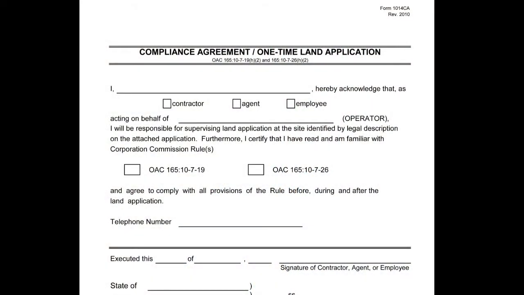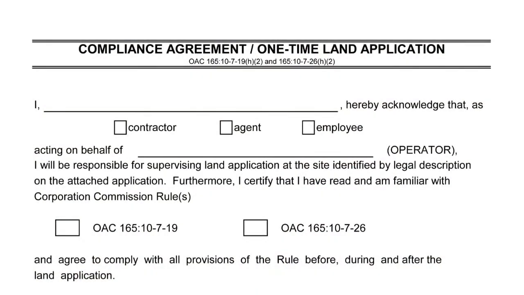This is a compliance agreement, and this is something that our attorneys wanted to be put into the permit. It identifies the company that will do the spreading. It also identifies the operator of the oil well. And it states that they have read and understand these rules.